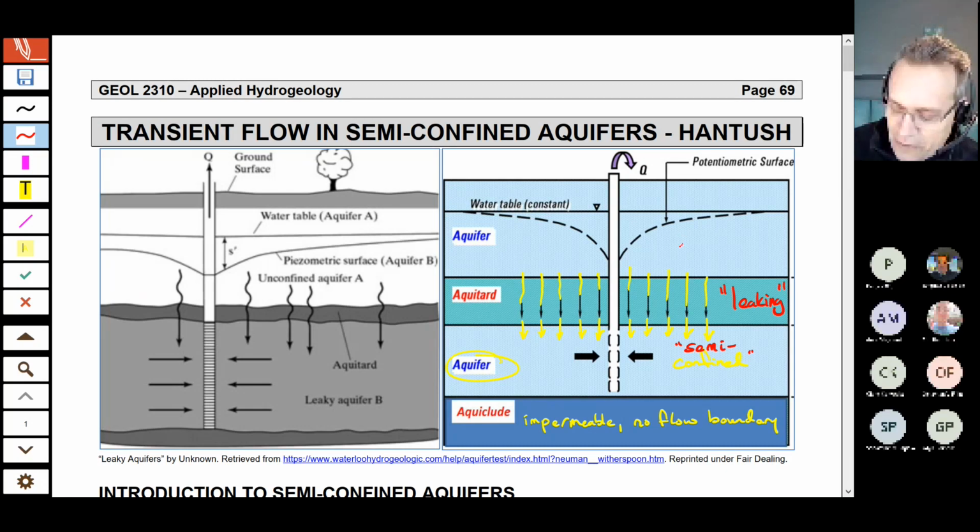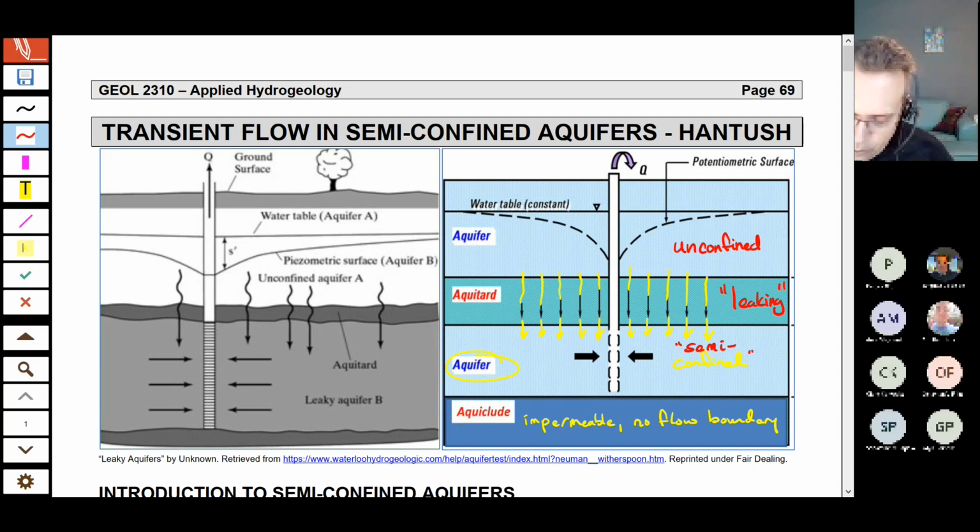And above it, we have our old unconfined aquifer. Going with this, there's going to be a set of variables that we're going to introduce for a mathematical leakage rate. And we're going to have to take this into account when we're looking at the overall recharge of the system.